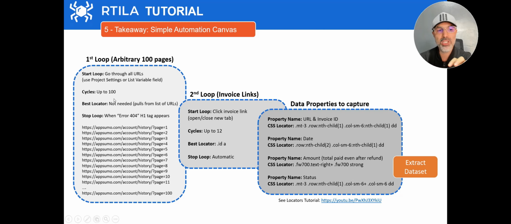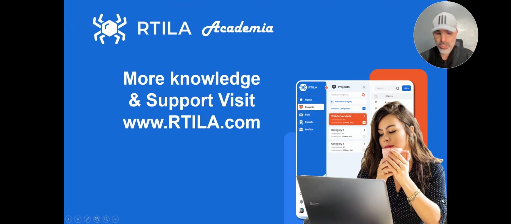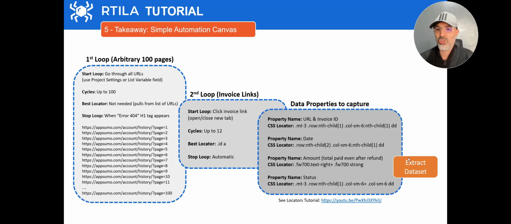So potentially you're going to do 100 times 12. That's the number of all results that you will get. And that's why it's important to put the extract dataset command once you are inside the final loop and you are on the page where the data is.